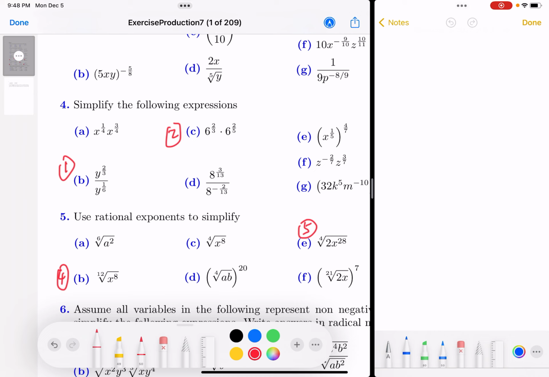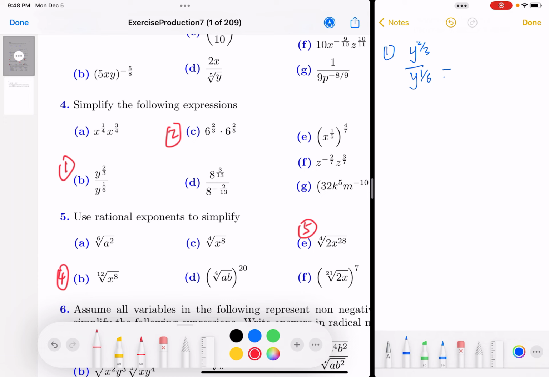We are given y to the 2/3 divided by y to the 1/6.